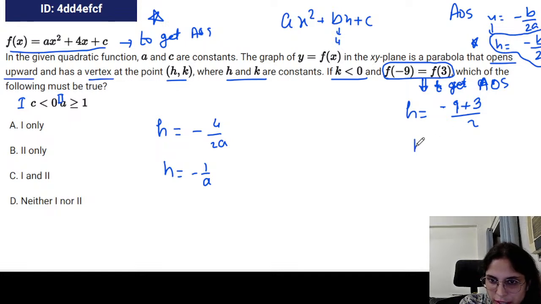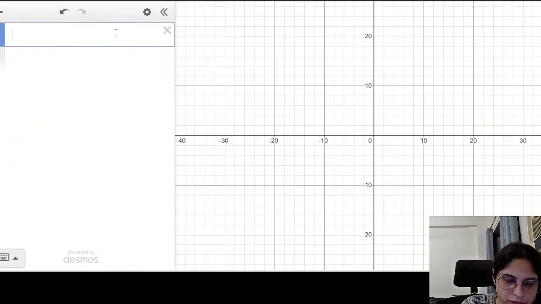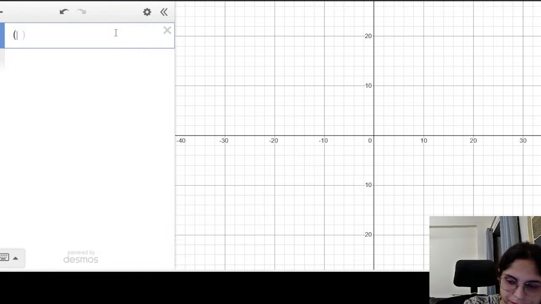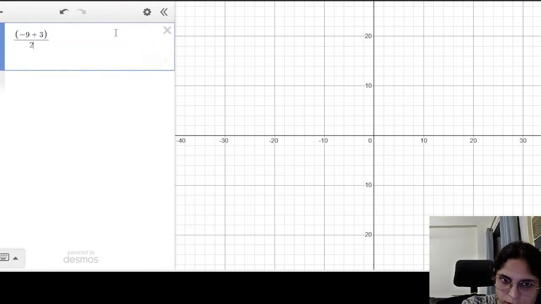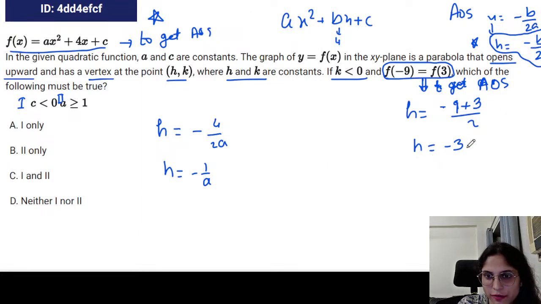So from here the value of h is going to be negative 9 plus 3 is negative 6 over 2 is negative 3. Or you can go to Desmos as well. Just put parentheses because you are first adding and then dividing. Negative 3. So now your value of h is negative 3.